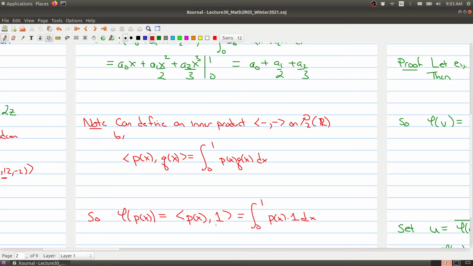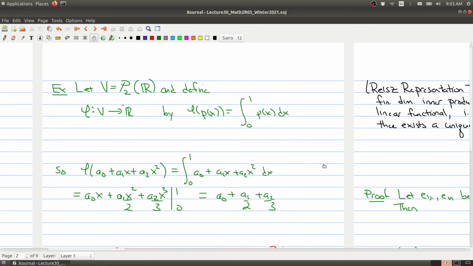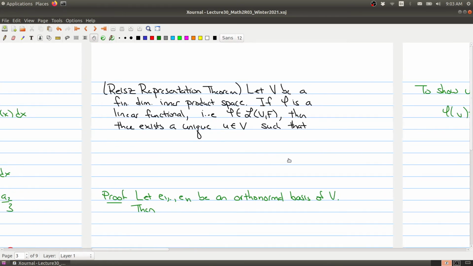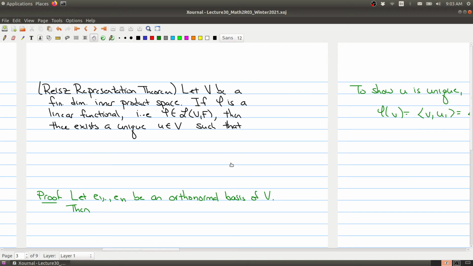Now you may think, okay, that's very nice, I've taken some nice examples where I can do that, but this actually turns out to be a much more general theorem. I think this is a very remarkable theorem. It says: let V be a finite dimensional inner product space.